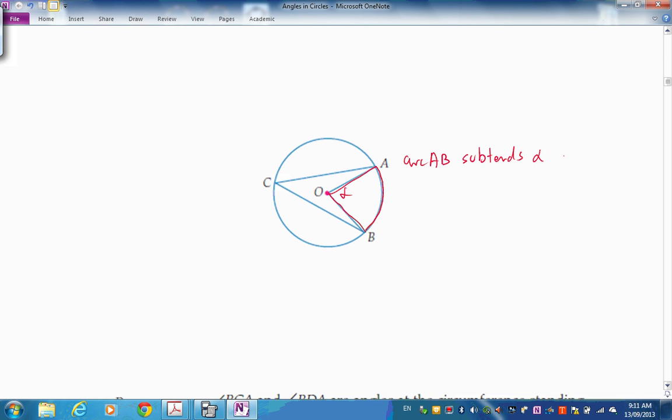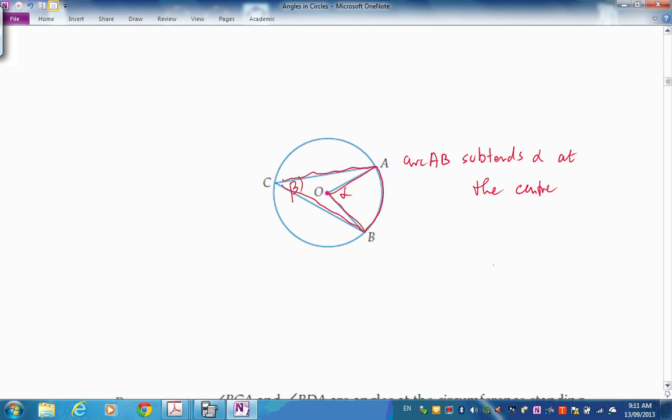Subtends alpha angle at the centre. Is there another angle which is sitting on arc AB? Oh, yeah, look. That angle can be traced back to arc AB. So let's call this beta.